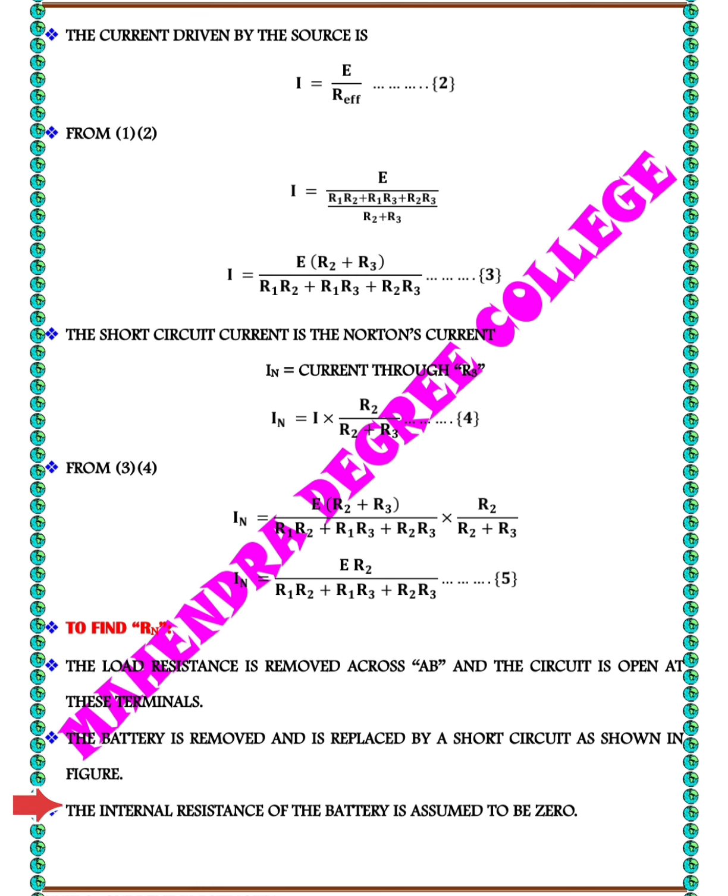This is because an ideal voltage source has zero internal resistance and a short circuit represents zero resistance. The Norton's equivalent circuit then consists of a current source in parallel with a resistance, where the current source value is the short circuit current of the original network.